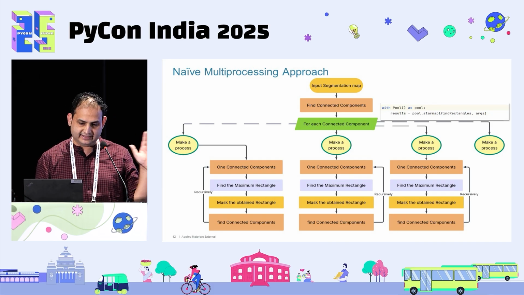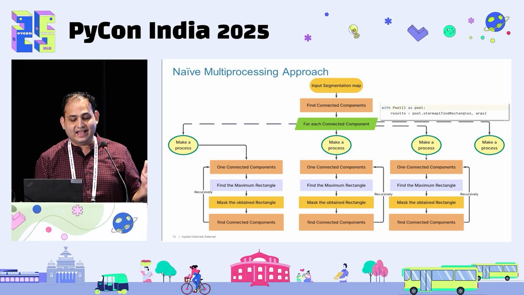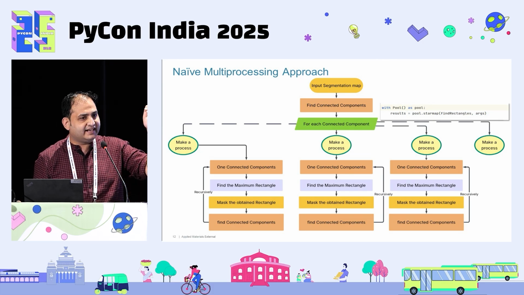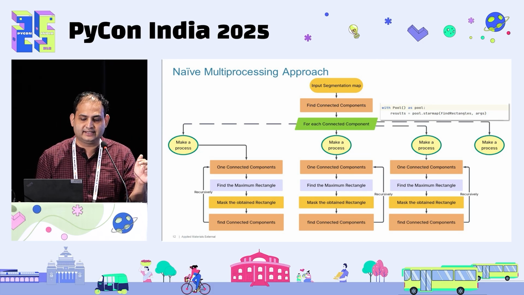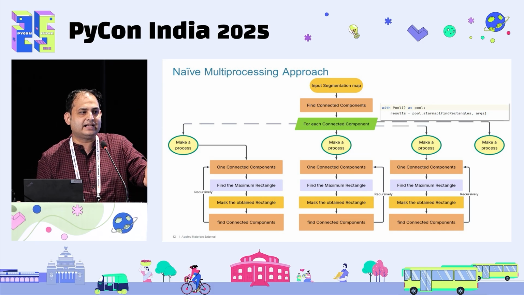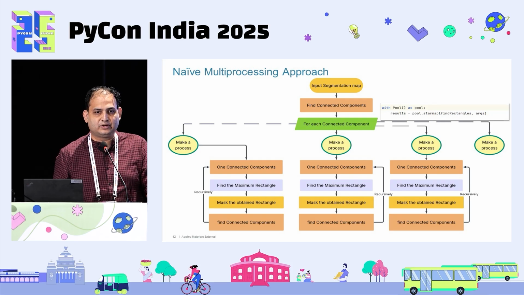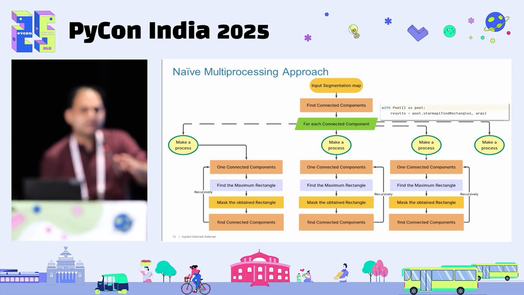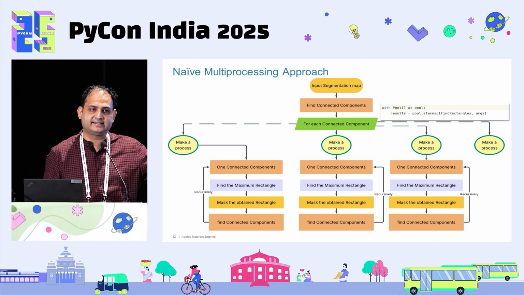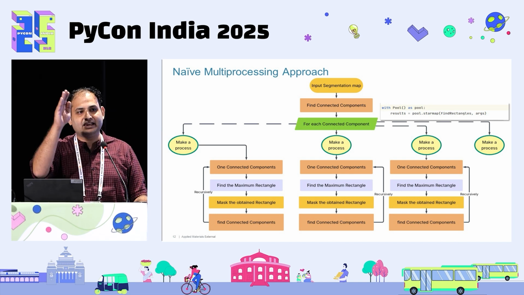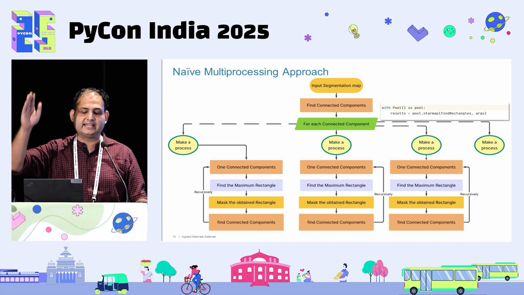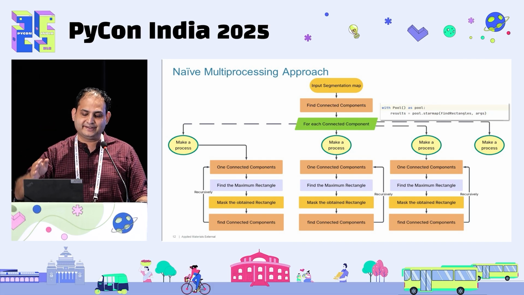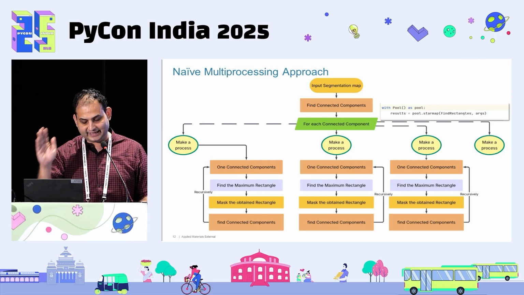What I did in this naive multiprocessing approach, after one step of utilizing multiprocessing, I just have to write a recursion there, because my problem definition is recursive: I can only work on whatever is left by the previous step. So recursively, I take one connected component, find the maximum rectangle, mask the obtained rectangle, and again and again and again.